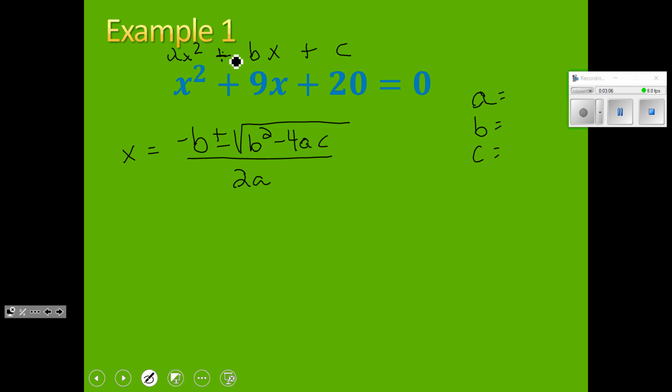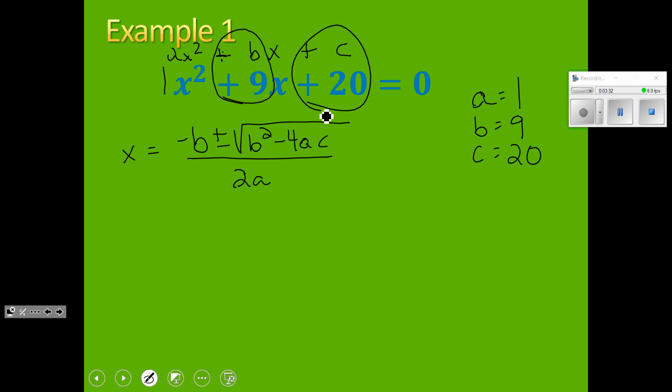A is equal to 1. Okay, B is equal to, what number is in the spot here? B is equal to 9. And C is equal to 20. Very good. C is the number that's by itself.